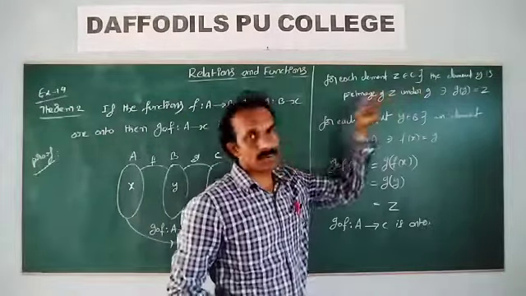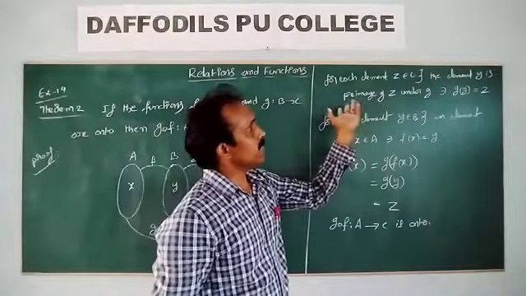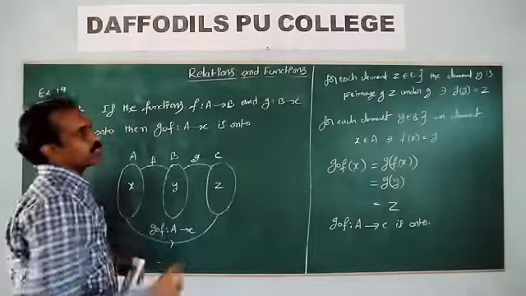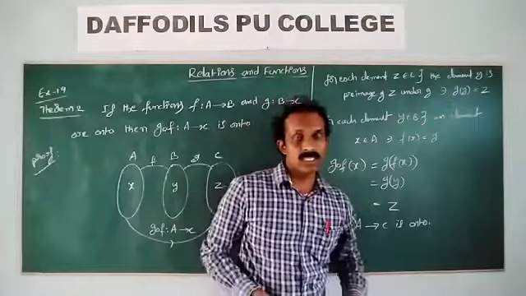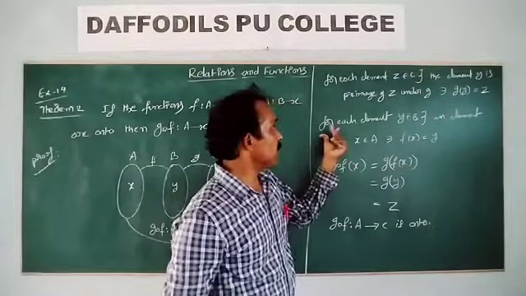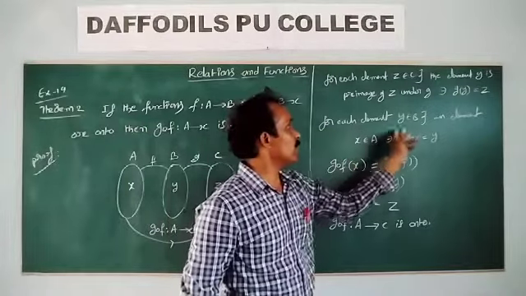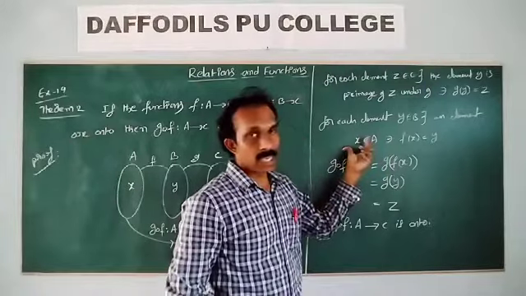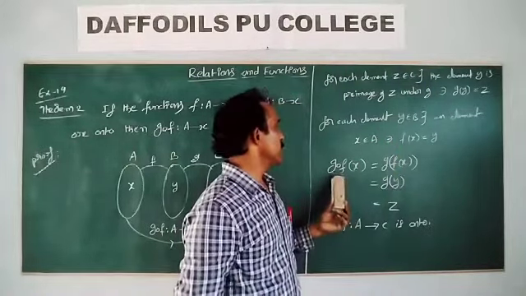For each element z belongs to C, there exists an element y, the preimage of z, under the function g, such that g of y is equal to z. And what about the f function onto definition? For each element y belongs to B, there exists an element x belongs to A, such that f of x is equal to y.